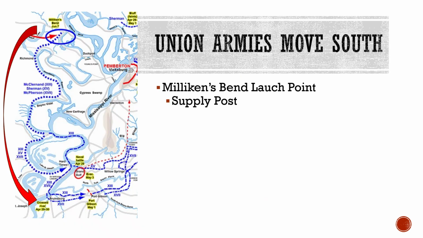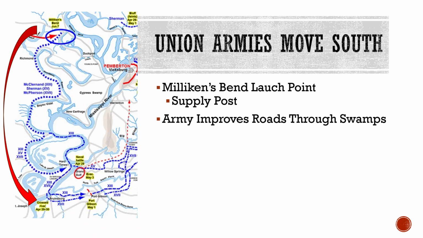Grant's plan is to, while these diversions are going on and Admiral Porter is moving people downstream on the Mississippi, march three armies through these basically very swampy, muddy roads on the west side of the Mississippi, really basically taking them through the Mississippi Delta land.